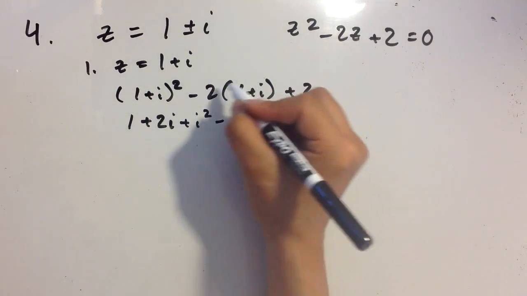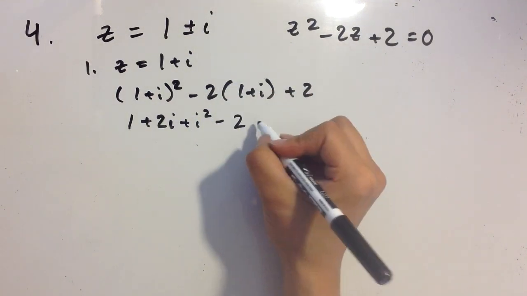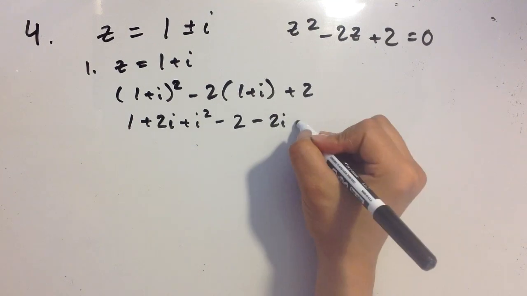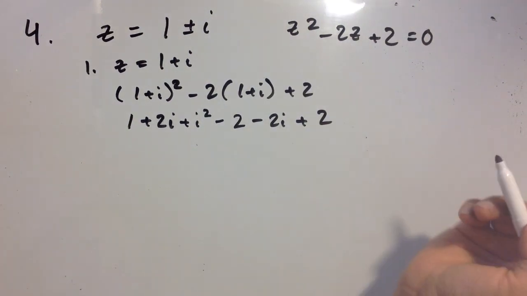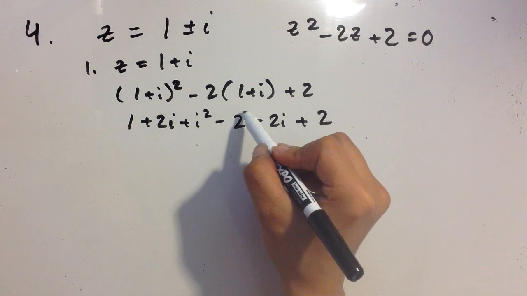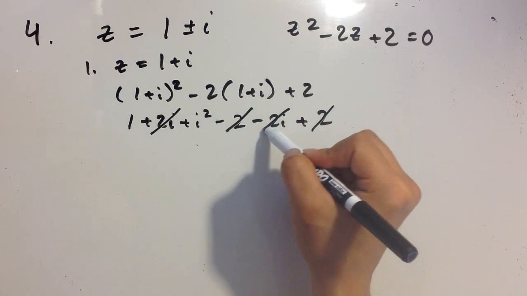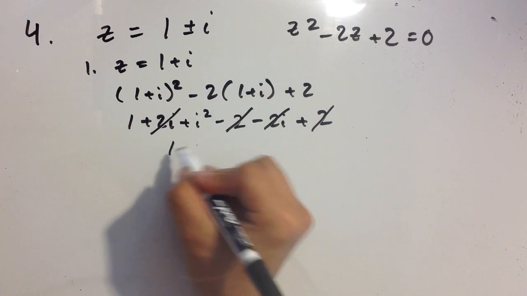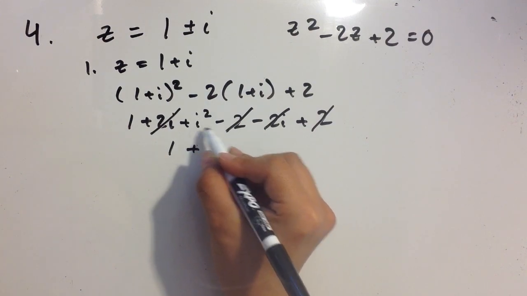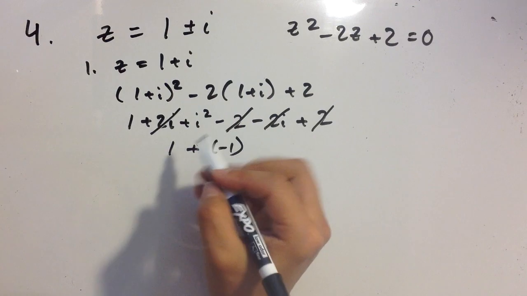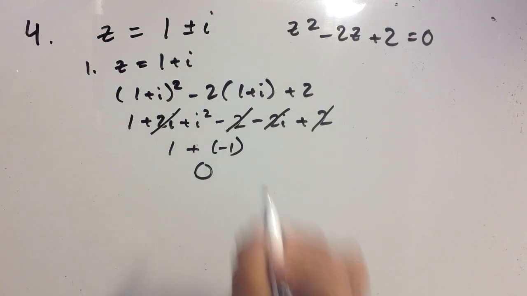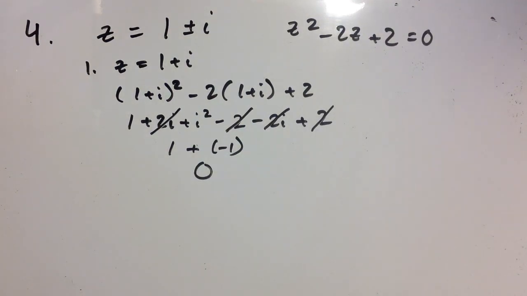Then distributing 2 in, we get minus 2 minus 2i, and then plus 2. So first we notice that 2 cancels as minus 2, 2i cancels as minus 2i, and then we're left with 1 plus i squared, which is just minus 1, and these in turn cancel out, and we get 0.